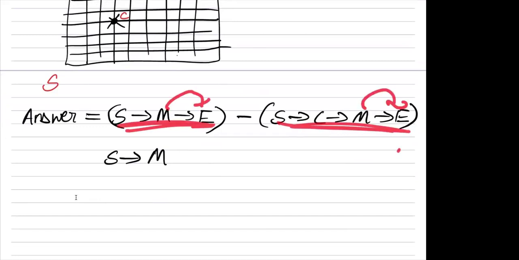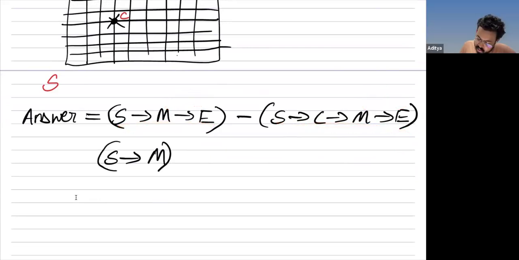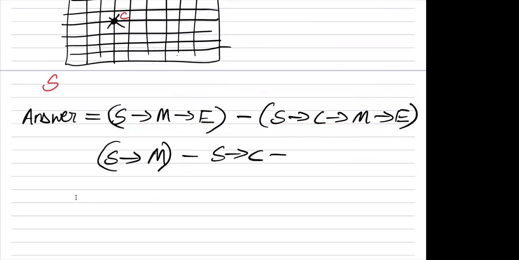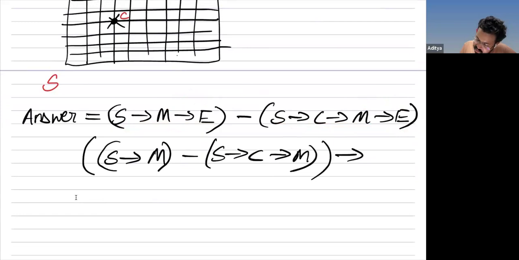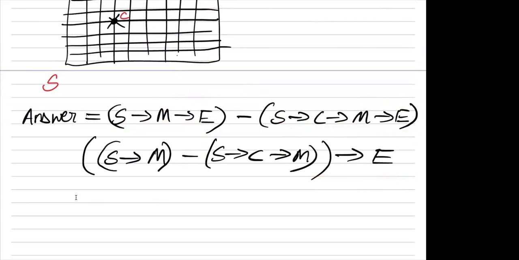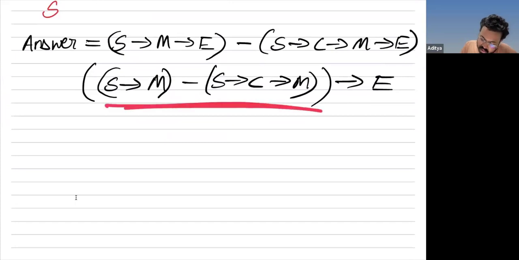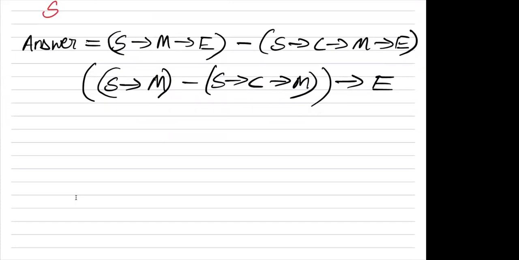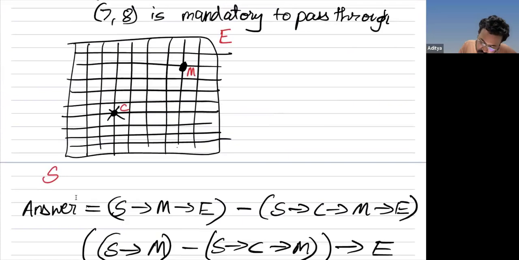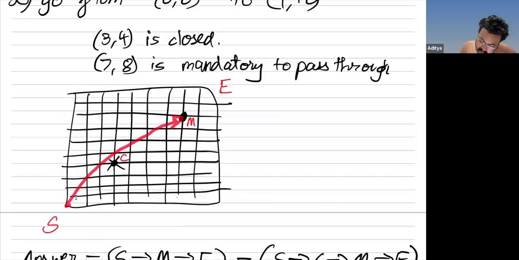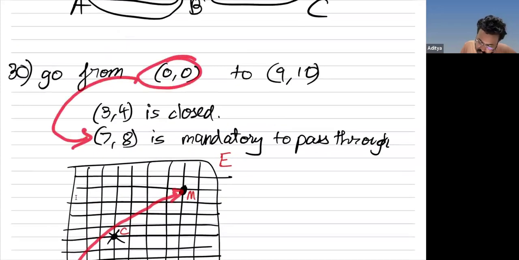So instead, we can also write going all the way from start to mandatory minus start to closed, then to mandatory, this entirely then leading to the end, correct? And the number of ways now to solve this: you can start at the starting point. The number of ways to go from start to the mandatory point is from 0,0 to 7,8.